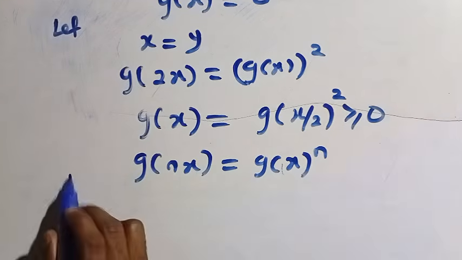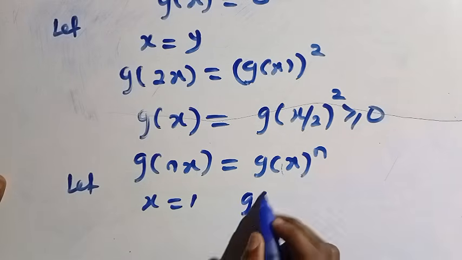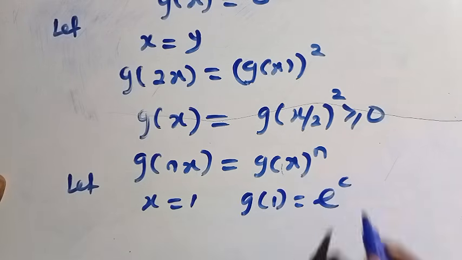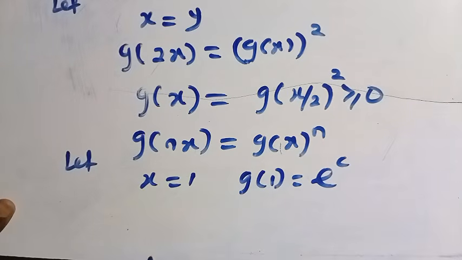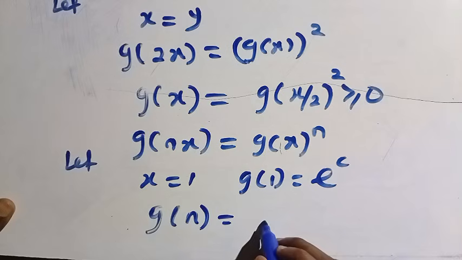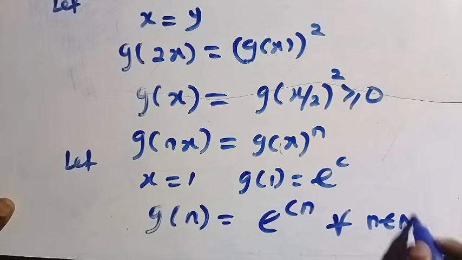And suppose I let x equals 1, and g of 1 equals exponential c, let's say a constant. Since g is greater than or equal to 0, we are going to have g of n equals exponential of cn, for all n a member of the natural numbers.